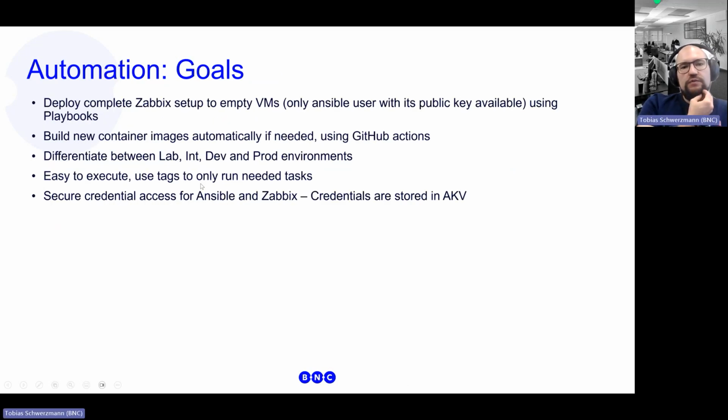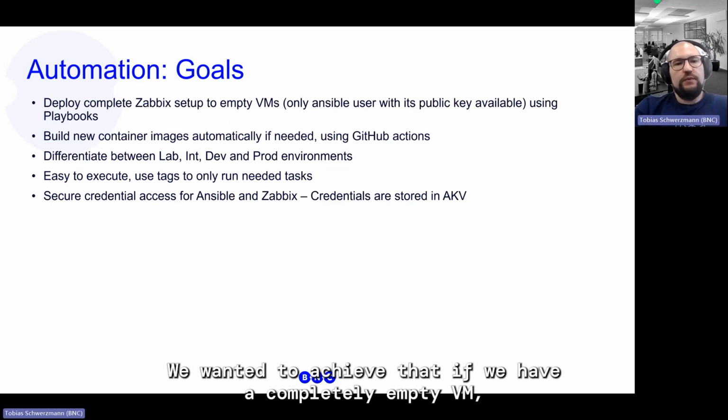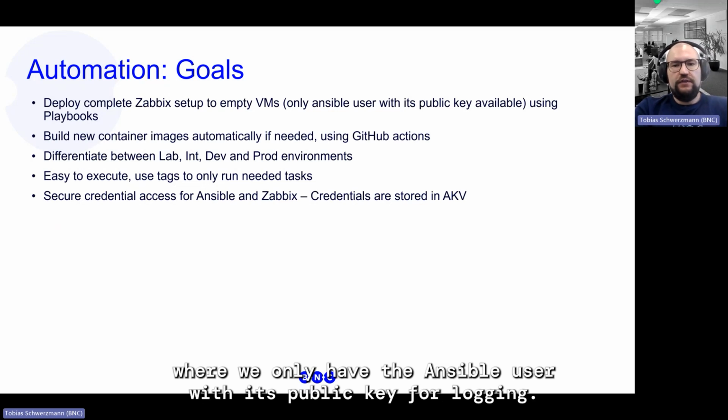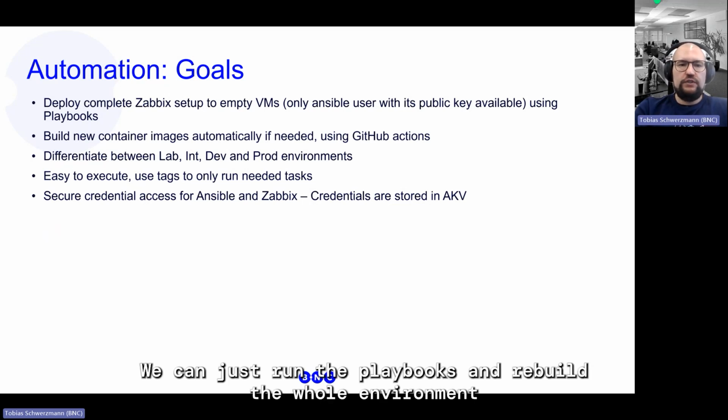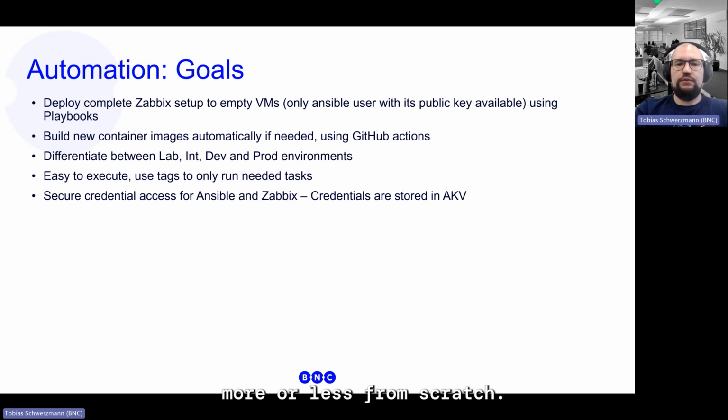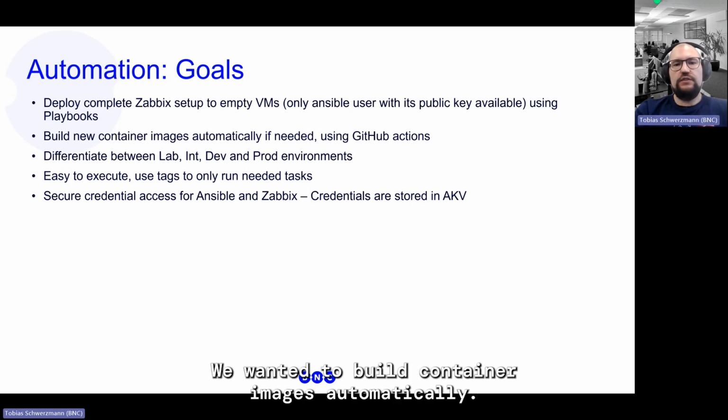So what did you want to achieve? We wanted to achieve that if we have a completely empty VM where we only have an Ansible user with its public key for login, we can just run the playbooks and rebuild the whole environment more or less from scratch. We wanted to build container images automatically.